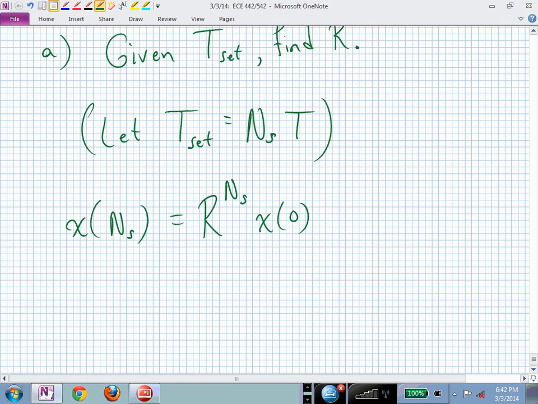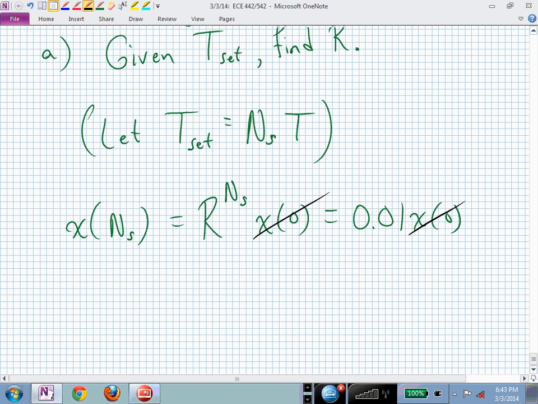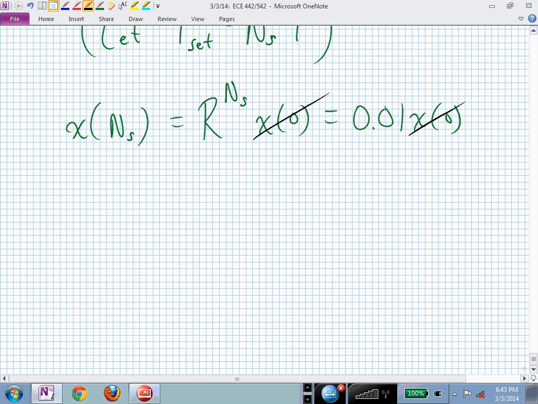But if we're interested in the 1%, that just means 0.01 where we started. And we want to do this for a non-trivial initial condition. That's some value. We can divide that value out. And now we have a relationship between the number of samples to settle and our radius.